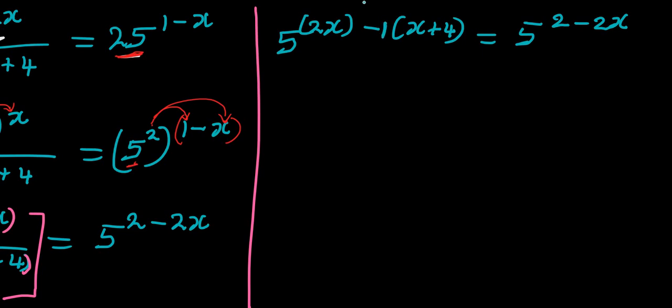So we're going to distribute this negative sign into the content of the parentheses. You use this to multiply this x, and also use it to multiply this 4 that we have here.